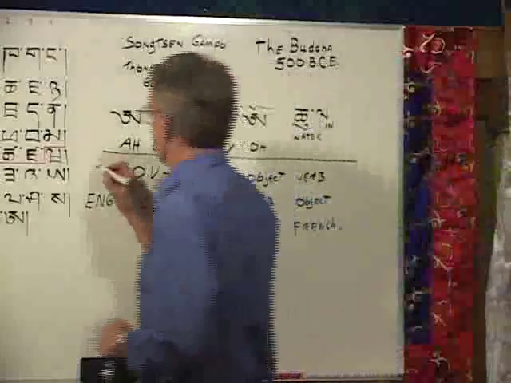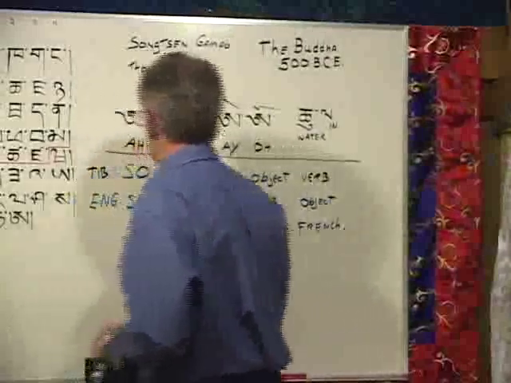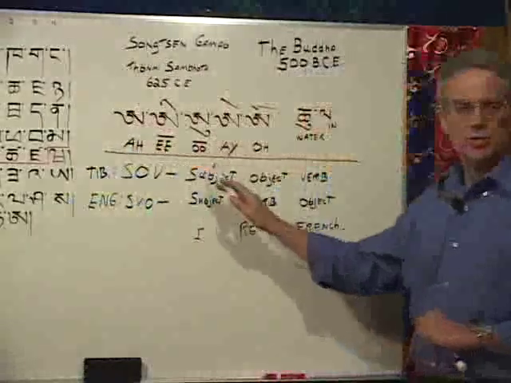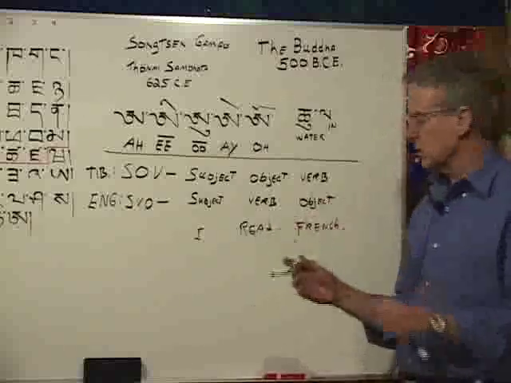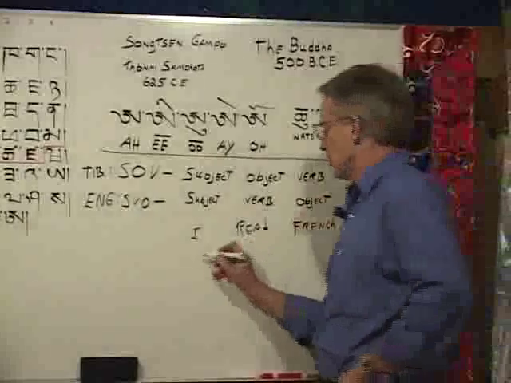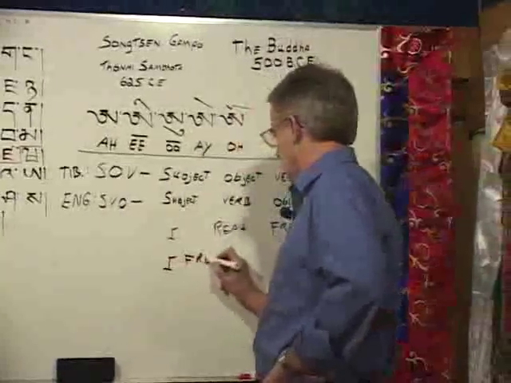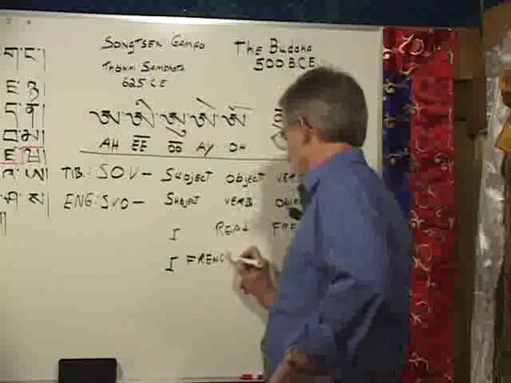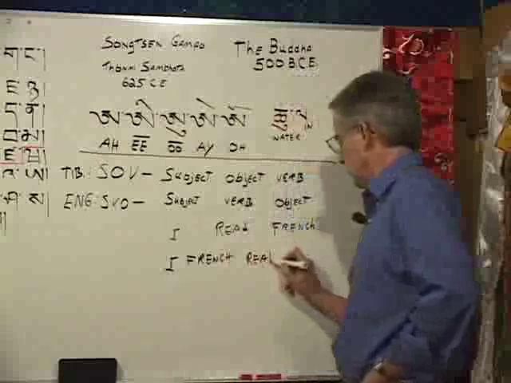Tibetan, however, reads subject, object, verb. So just using English words, but to indicate the Tibetan word order, we would have I, French, read.